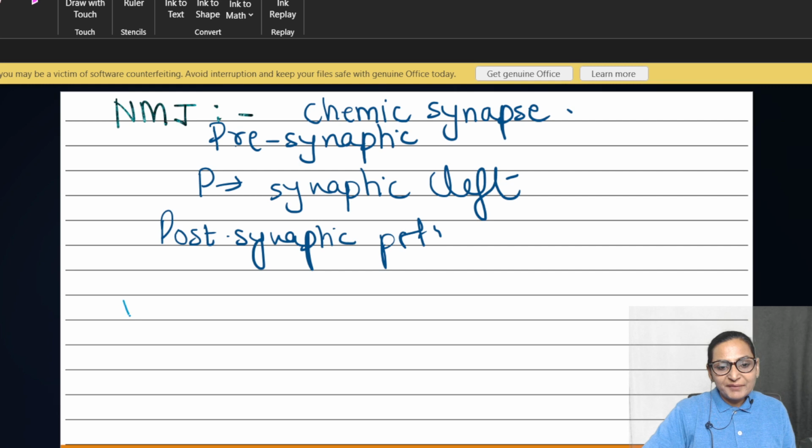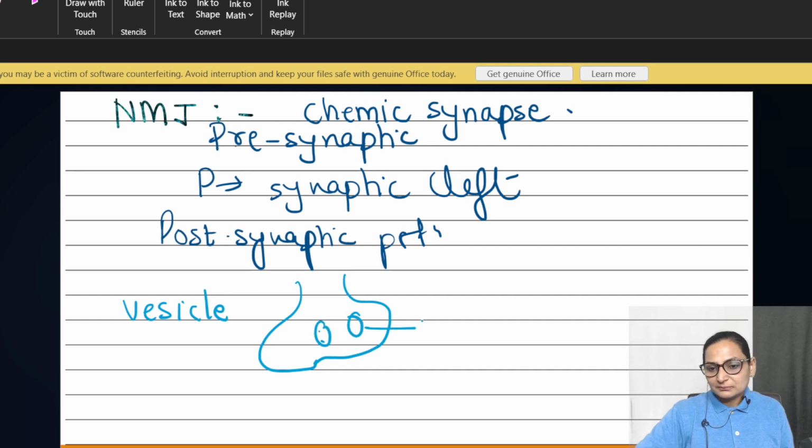Another important thing is where these vesicles are present. I told you that these vesicles are going to be present here presynaptically. They are actually clustered at a particular site which is called the active zone. So suppose this is the active zone. That means when they are going to be released by exocytosis, they are going to be released through that active zone.